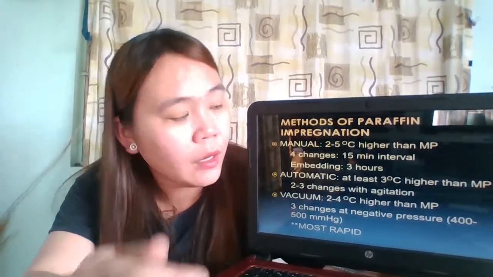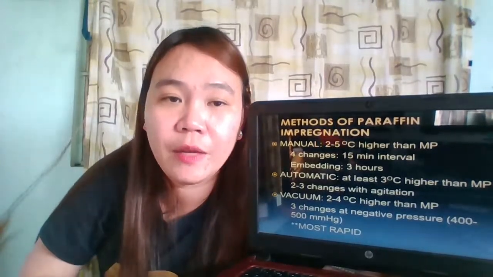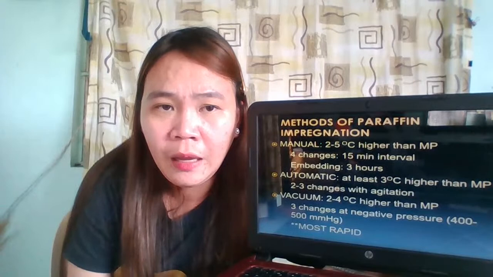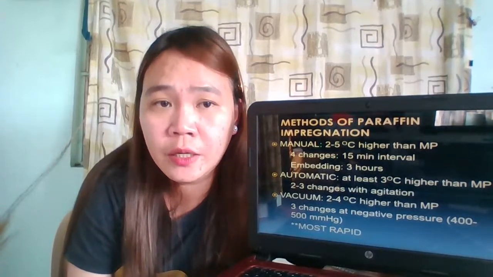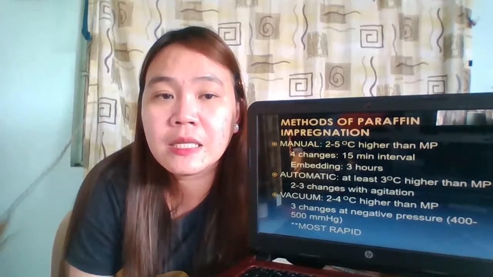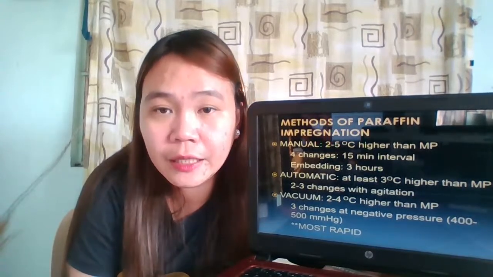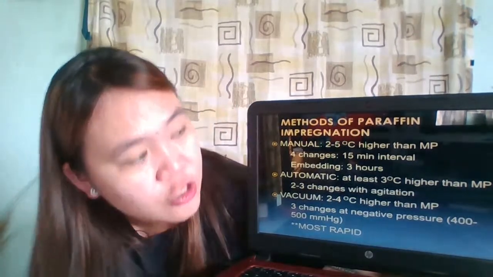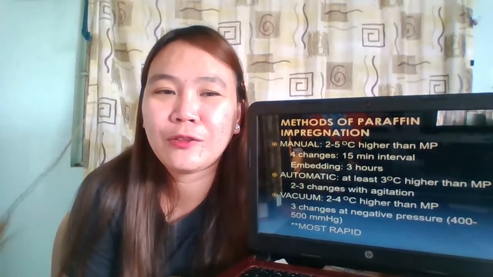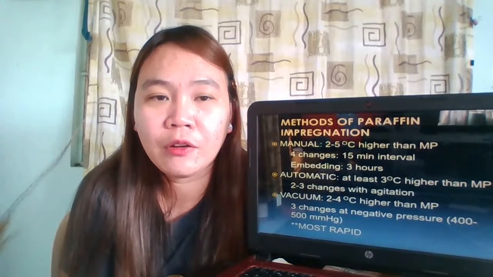Another, we can also perform automatic paraffin impregnation. Again, the temperature of the automatic processor is set at least 3 degrees Celsius higher than the melting point of the wax.